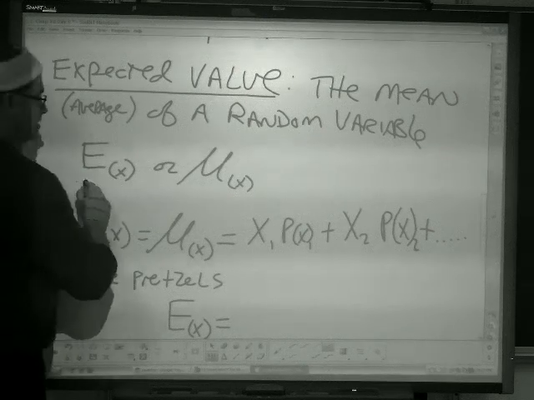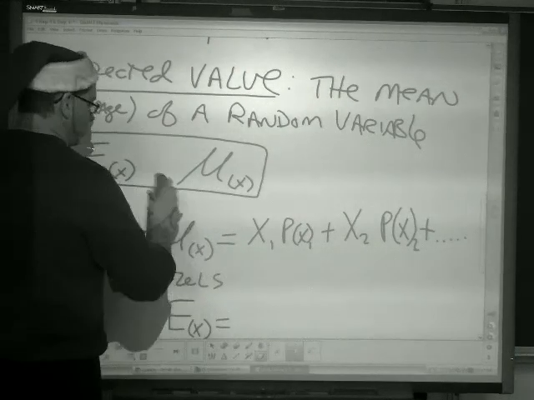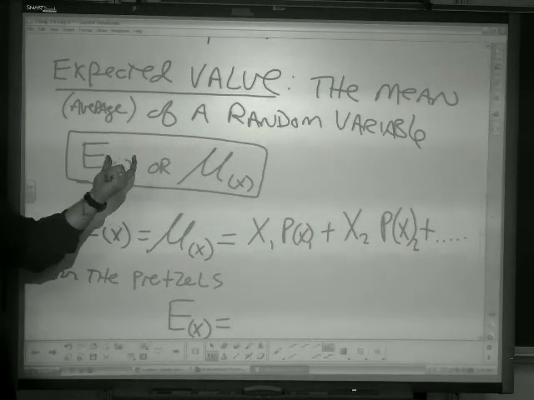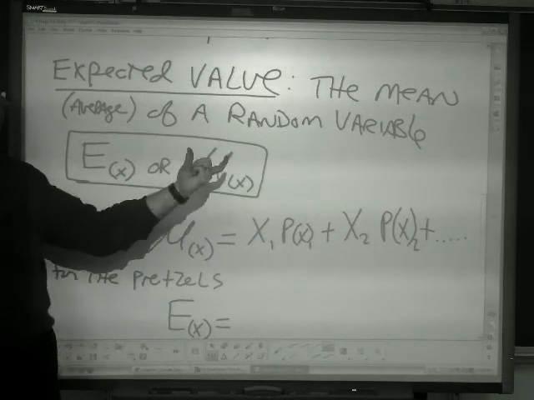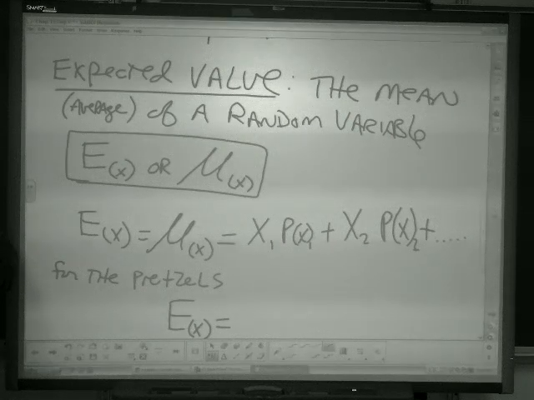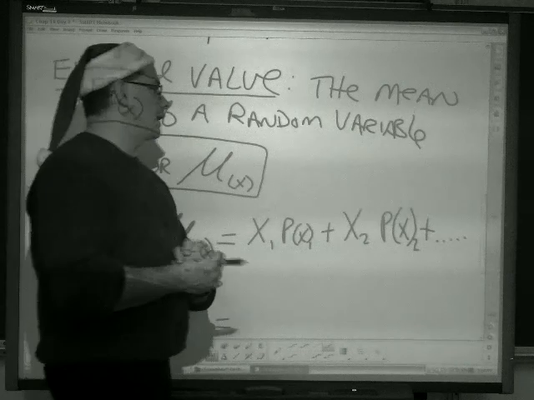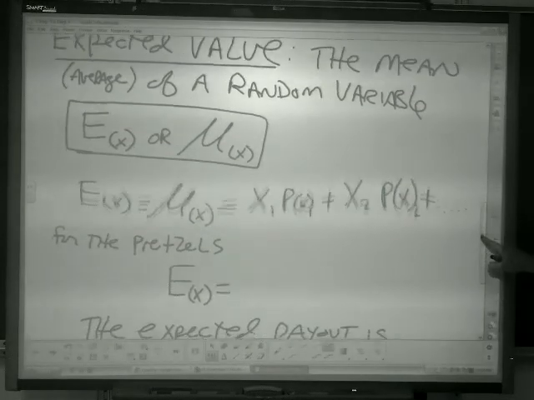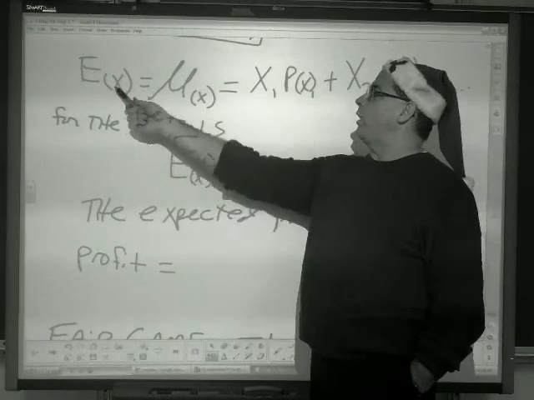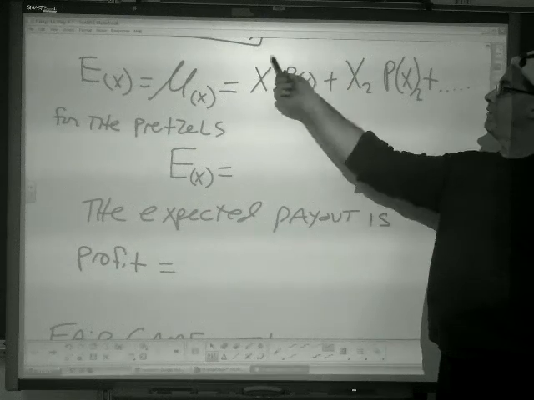We use symbols. And I know my handwriting is terrible, but a symbol you might see is capital E of x, or mu of x, okay? That is the expected value. The formula for expected value is as follows. We're going to take each of the x times p of x.